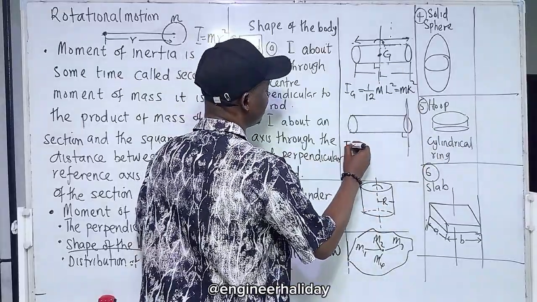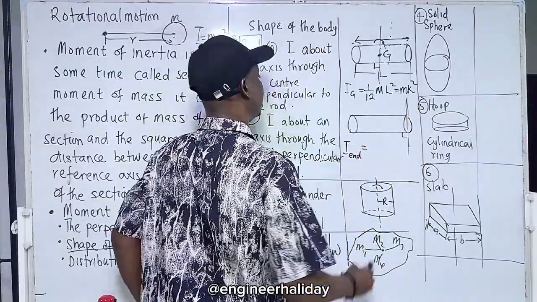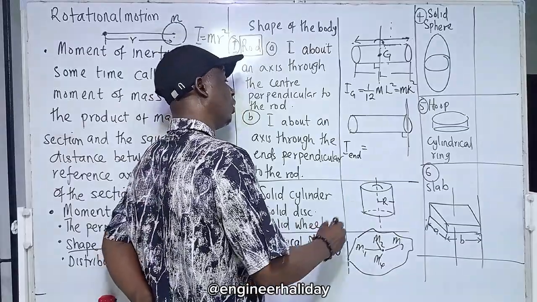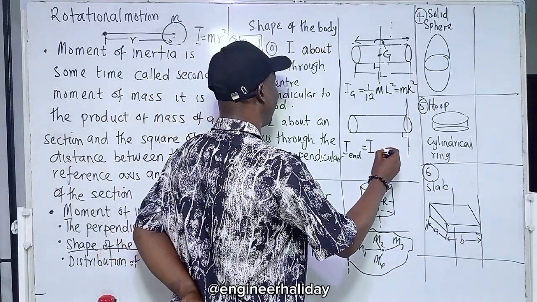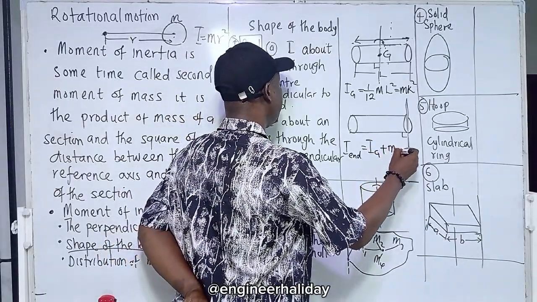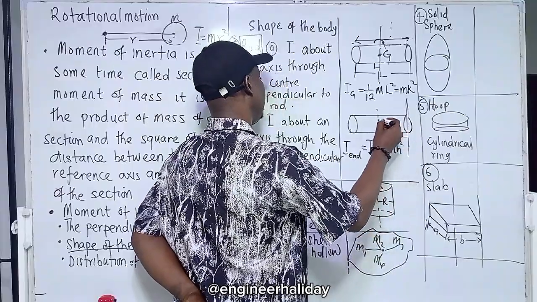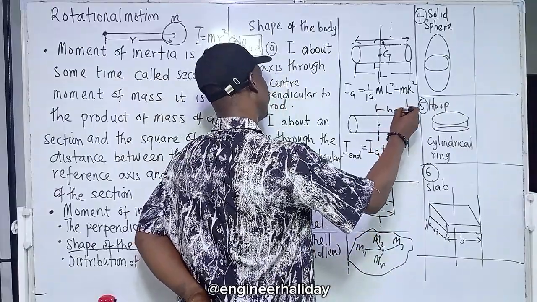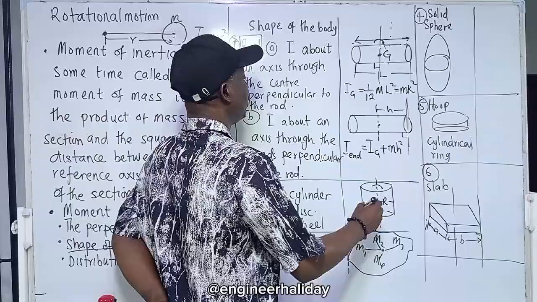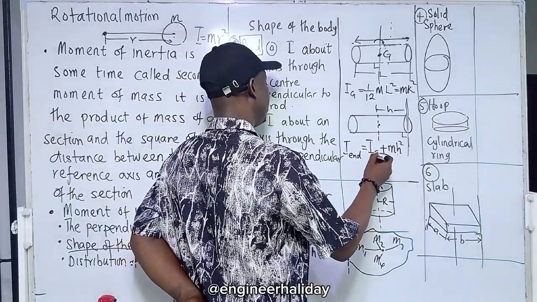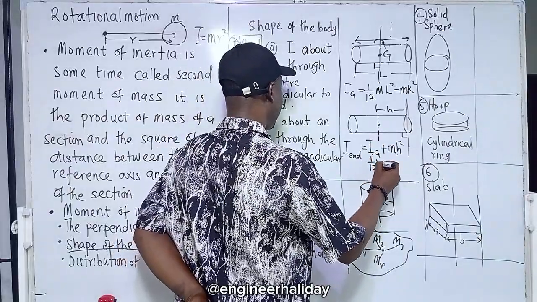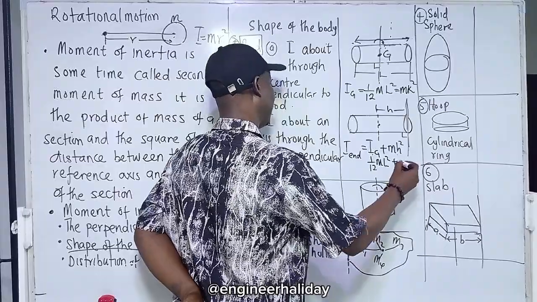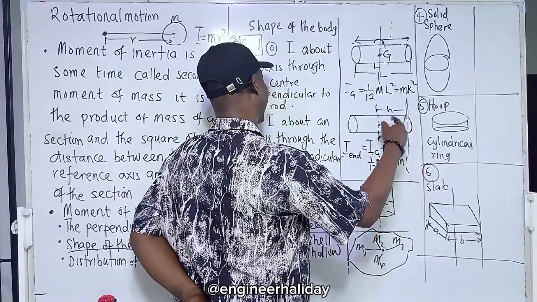What about at the end of this body, a rod? We want to solve, you can solve with this formula Ig plus mh square. This is the point. This is h. Your h is half length. So this one is 1 over 12 ml square plus m times what is your half length from here?